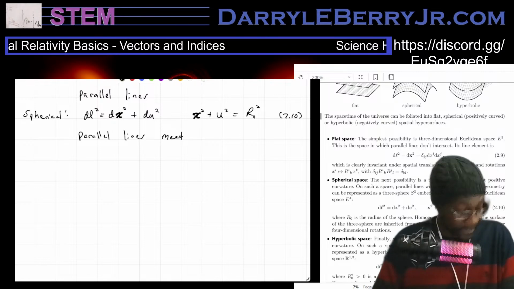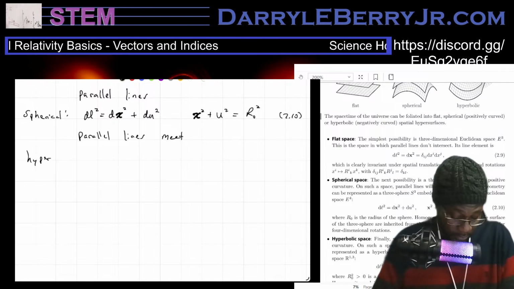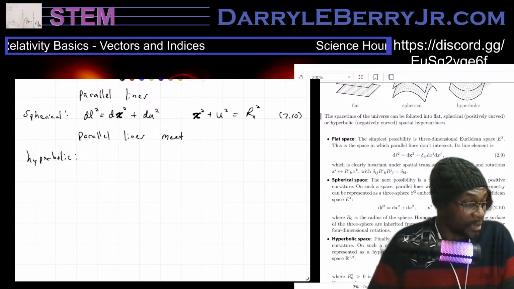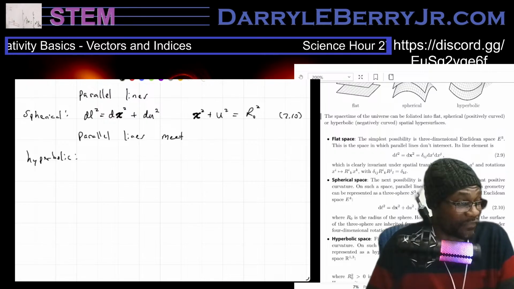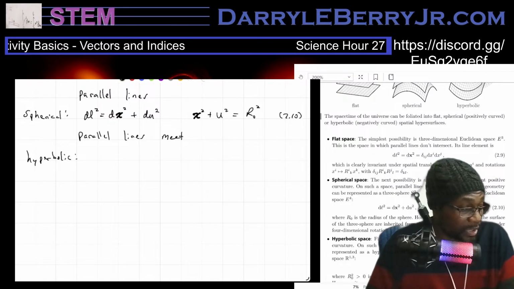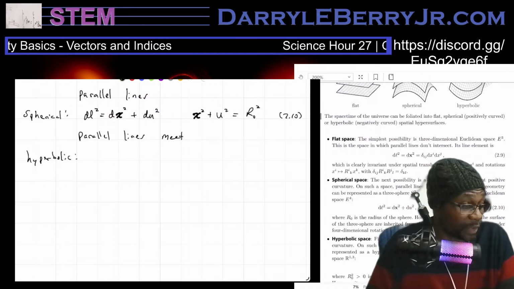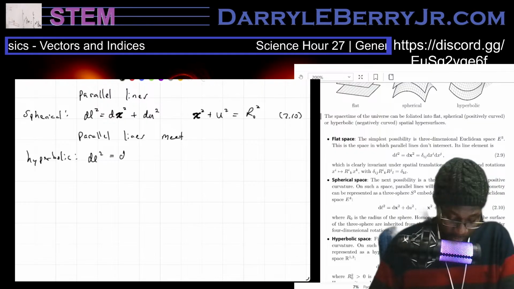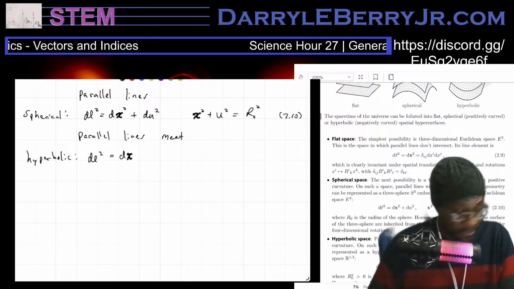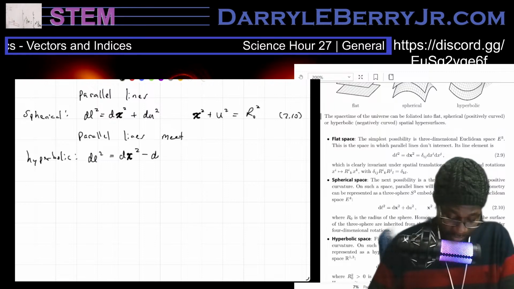Now we have hyperbolic space, a space with constant negative curvature. In such a space, parallel lines diverge. This geometry can be represented as the hyperboloid H3 embedded in four-dimensional Lorentzian space R^{1,3}. So here, dl squared equals dx squared minus du squared.